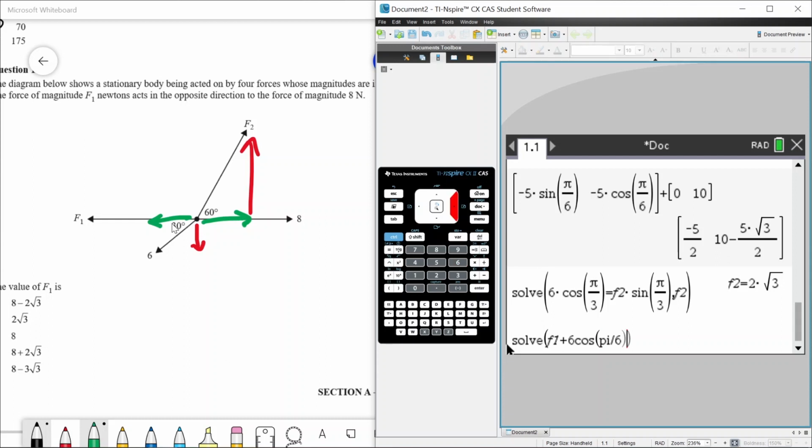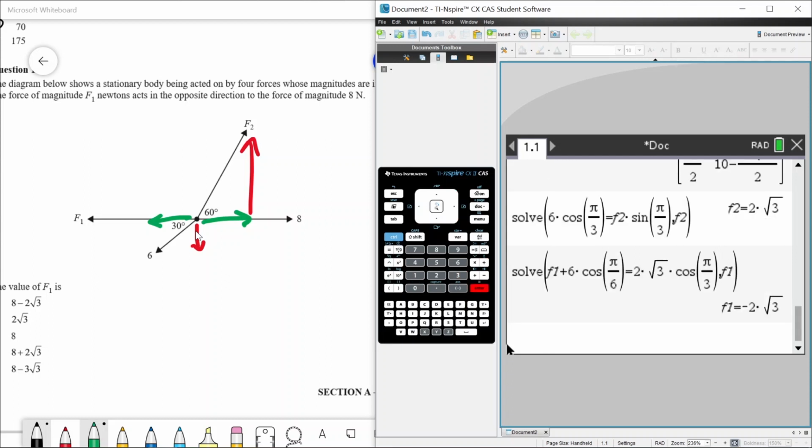And then this must be equal to the green arrow on the right. So that's going to be F2, which we found to be 2 square root of 3, and that's the adjacent, so that's cosine of 60, which is pi on 3. Let's solve this for F1. And that gives us -2.